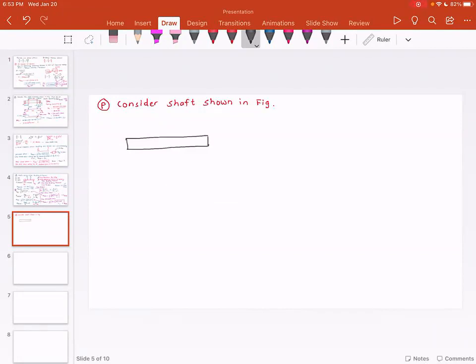It is supported at the end, and there is a pulley at the center. So there is this pulley.